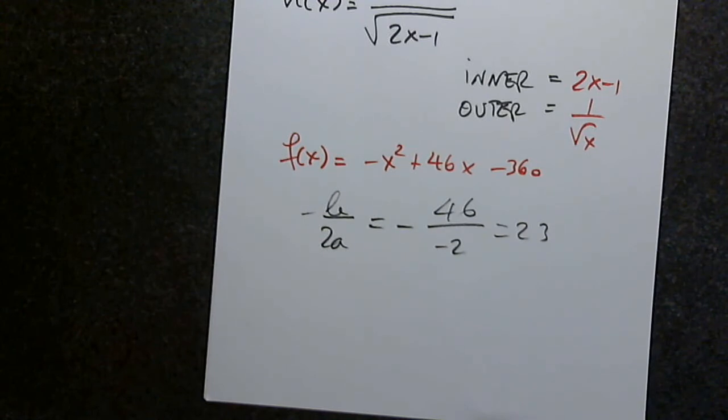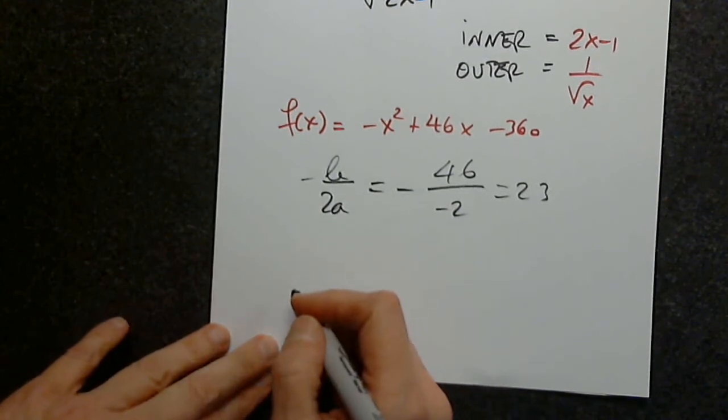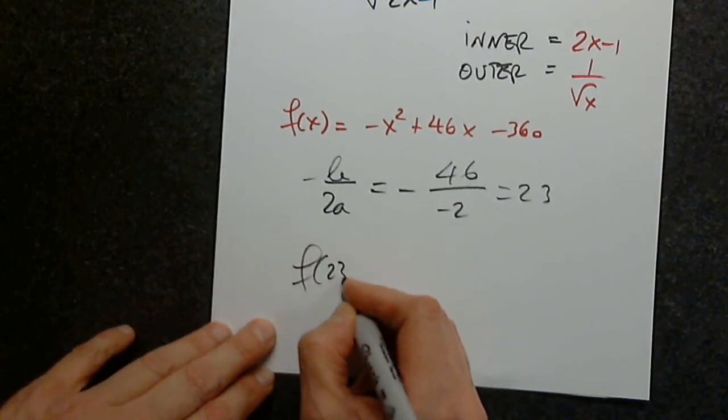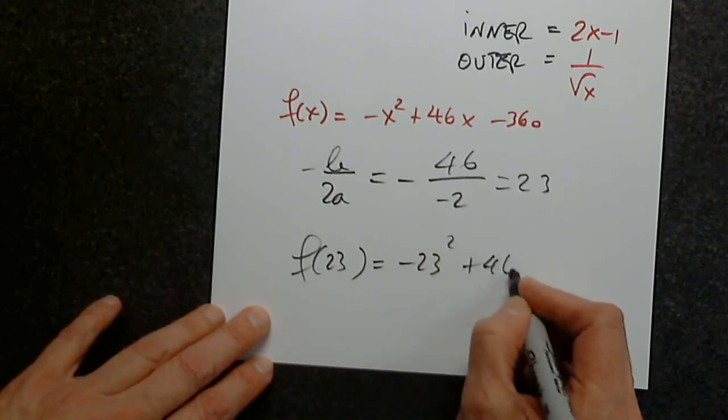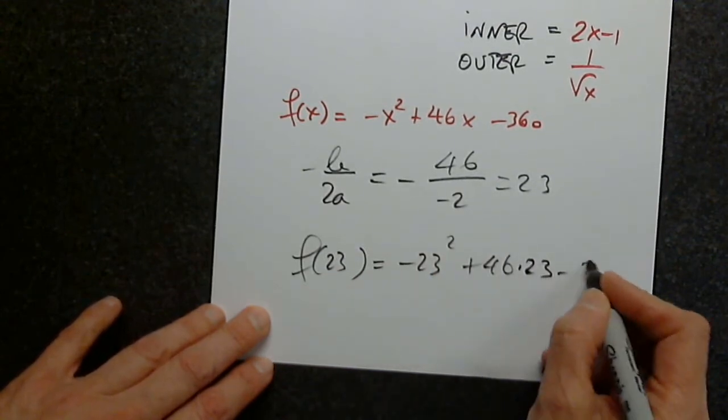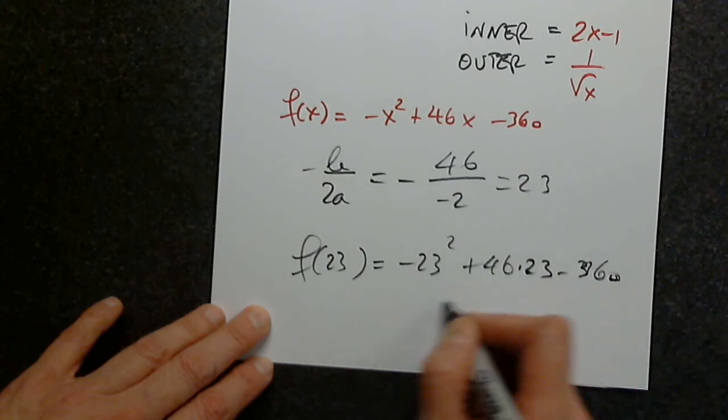And then the manager will say, how much? How do I find the maximum profit? So I know to manufacture 23 for maximum profit, but what is the maximum profit? Exactly. Of course. Negative 23 squared plus 46 times 23 minus 360.